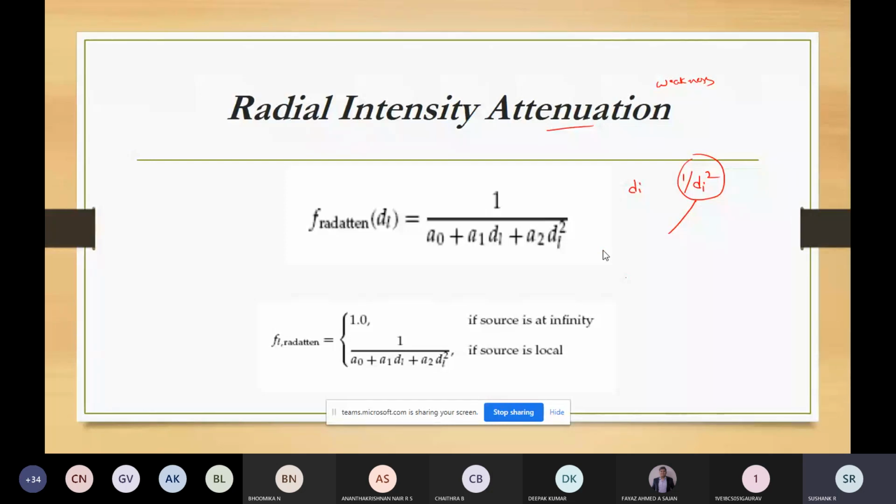If the object is very close to the light source, it will produce too much intensity variation. And when the object is very far away from the light source, the variation will be negligible. So this is how 1 by d square behaves.